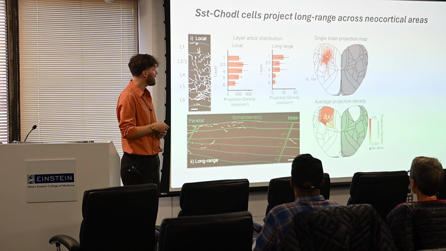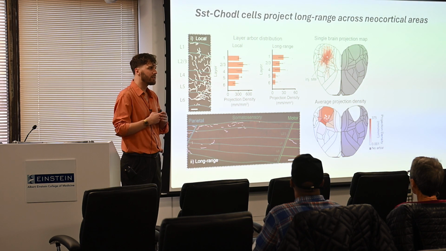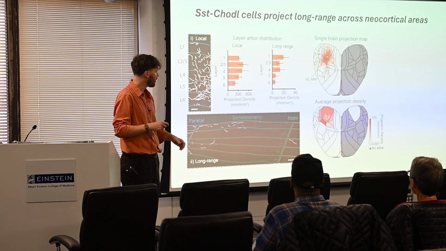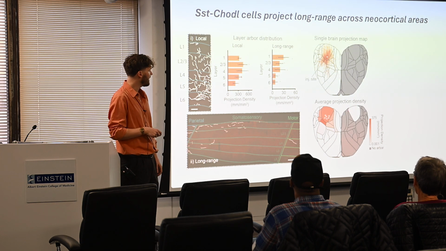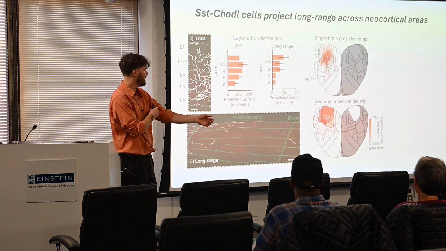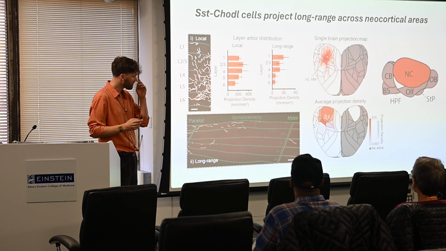We also looked at the areas in which these cells project to, and when we labeled these cells in primary visual cortex, the arbor seems to like to stay within visual cortices and higher visual areas, but this arbor also has massive projections elsewhere in the brain. It targets pretty much every neocortical area in the brain on the same side as the injection, minus the most frontal and most dorsal areas, with a small projection over to contralateral visual cortex.